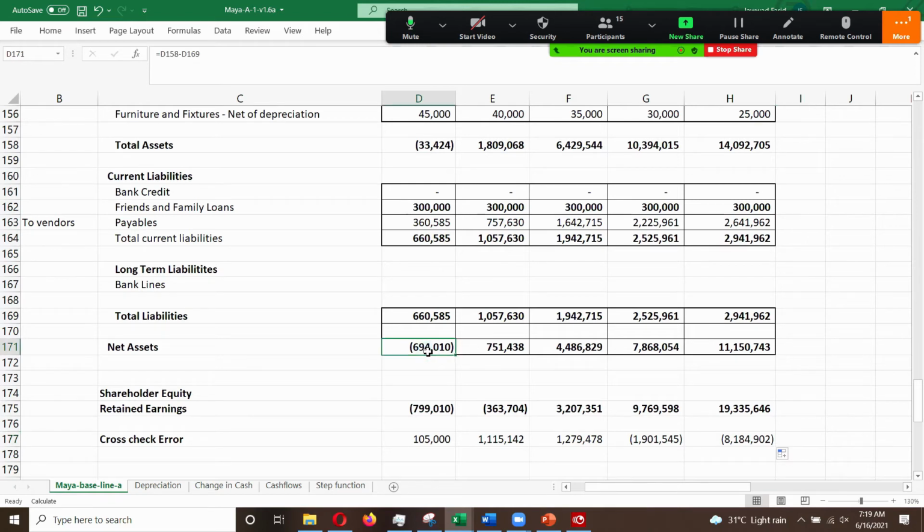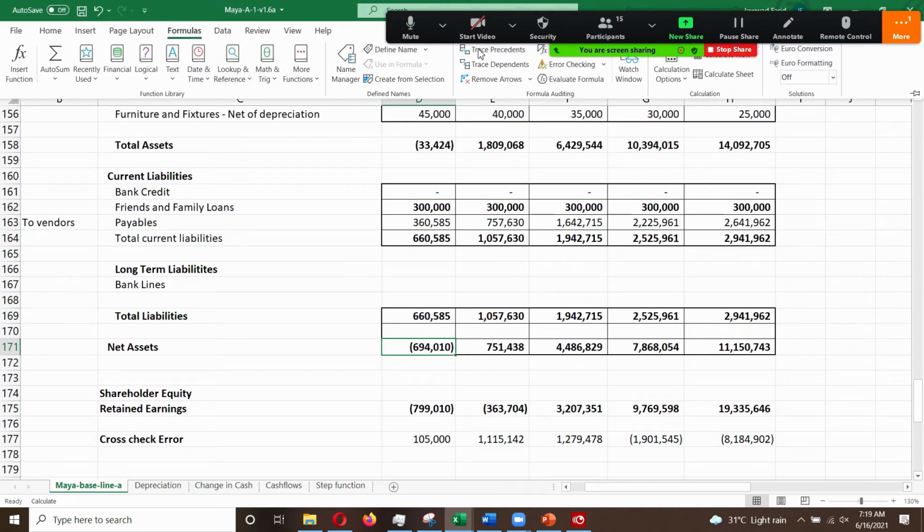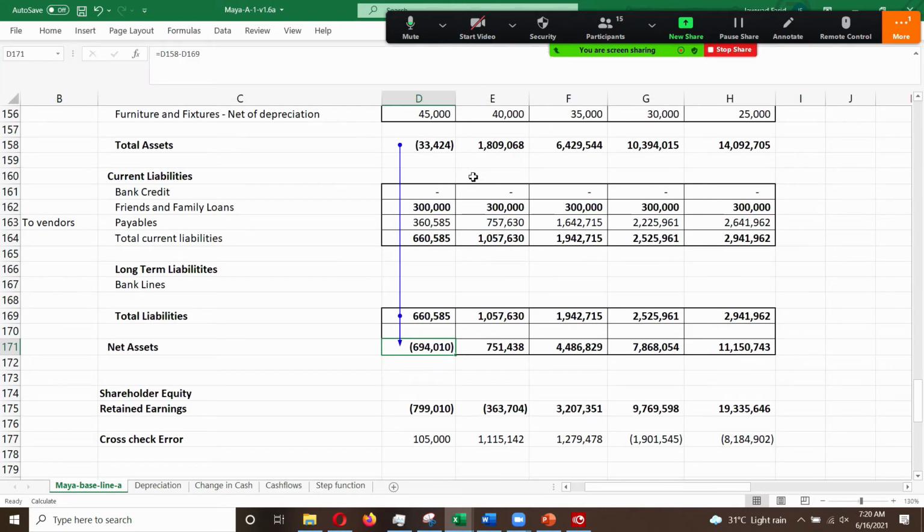Let me explain what I've just done. How is this 694010 figure calculated? This figure is the difference between total assets and total liabilities. But this figure should also represent the equity in the business of the shareholders. And where does equity come from? Equity comes from the fact that you've made money or profits. Either you've contributed capital, or you've made money and that money has been reinvested into the business, which is what we call retained earnings.